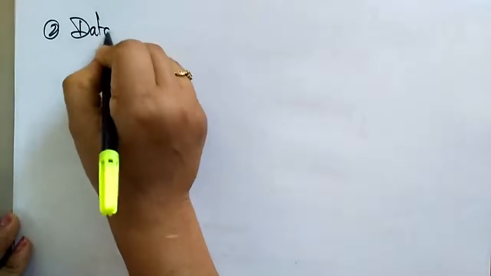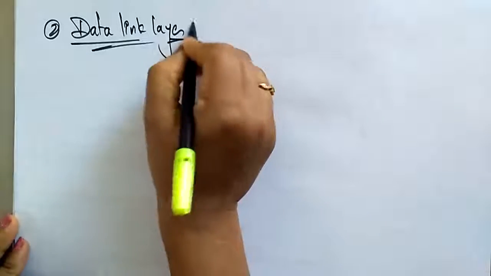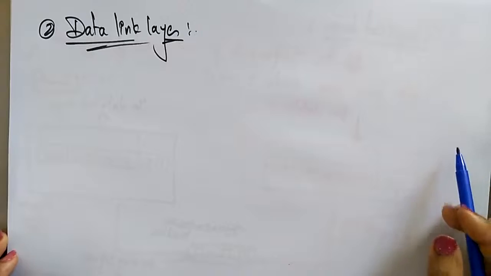Now let me take the second layer. What is the second layer? The second layer is the data link layer. What is the main responsibility of this data link layer?